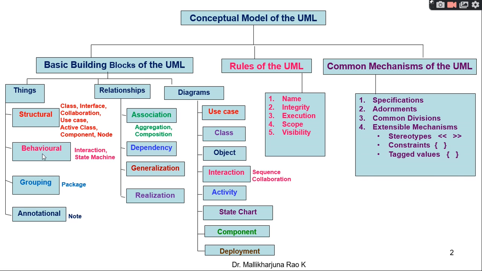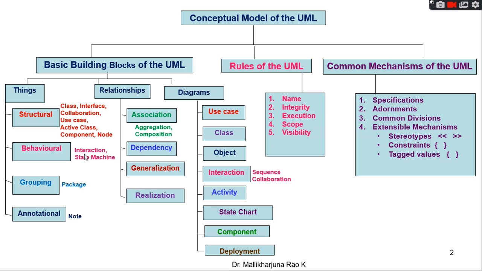The next one is behavioral things. These are the verbs of the UML. Whereas structural things are nouns of the UML, behavioral things are verbs of the UML.